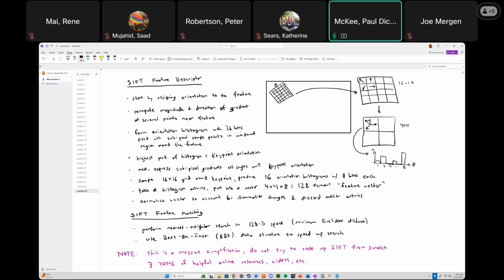So I might not be doing the world's best job of making it make sense to you all, but trying to get the rough idea across that your SIFT feature descriptor is basically a humongously long histogram with unique values in each of the bins. That's kind of what we're after here. And then what's filling the bins is individual gradient computations at subpixel points, which are near your original SIFT feature.